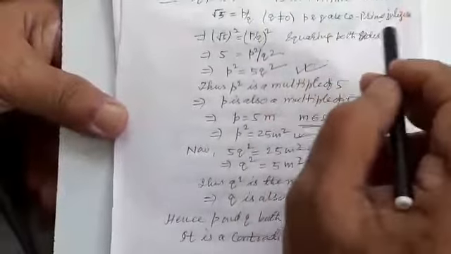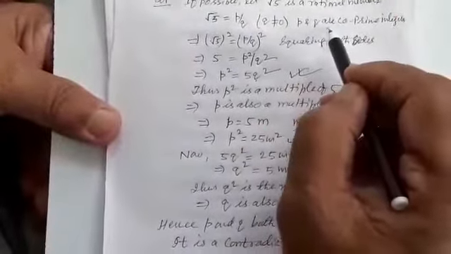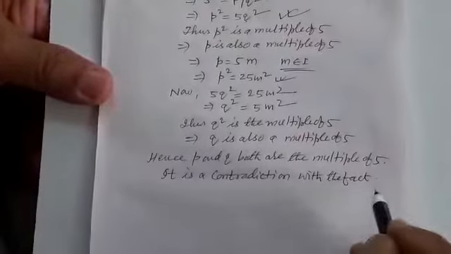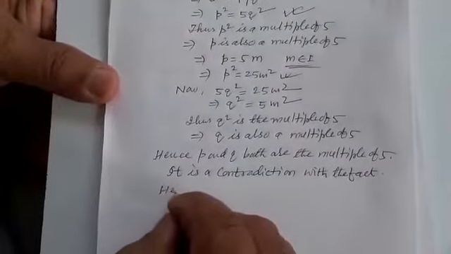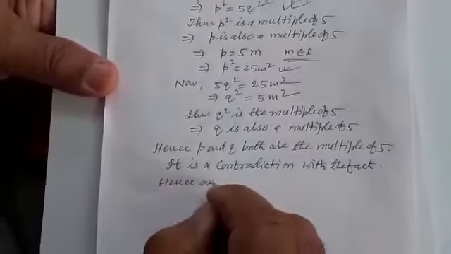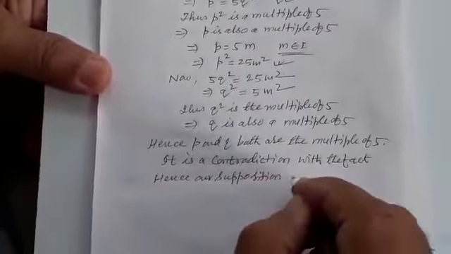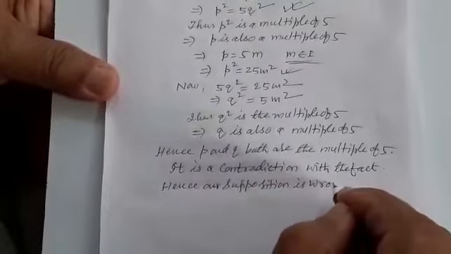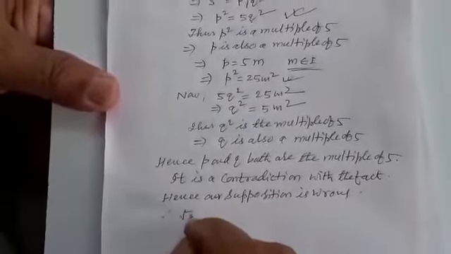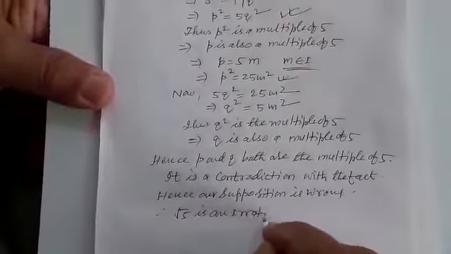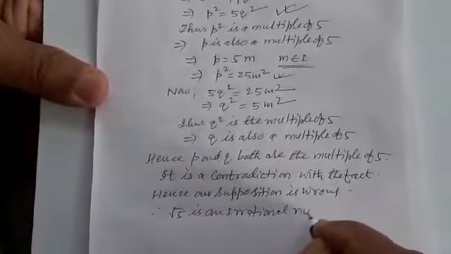That the only common factor between p and q will be 1, since they are co-prime integers. And here we are getting 5 is common between p and q. Thus we are getting a contradiction. Hence our supposition is wrong. Therefore, root 5 is an irrational number.